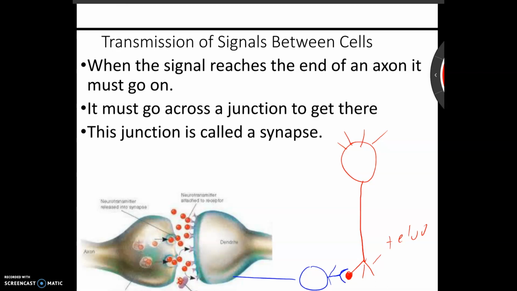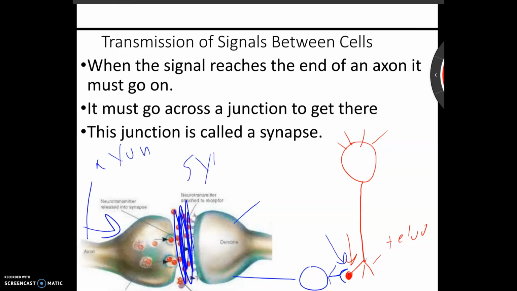So the signal must go from here, from the axon, the knob of that one, to the dendrite of this one. So the axon here, signal is going down. There's all these neurotransmitters, and they get released, and they go to the dendrite of the next one. Now there's a gap right there. This gap is called a synapse.